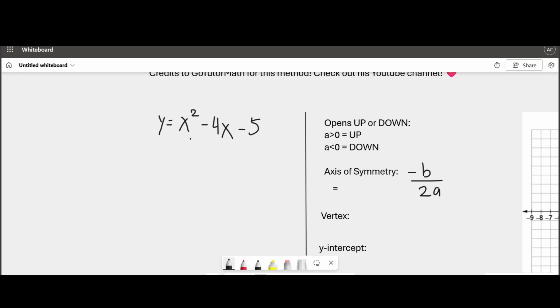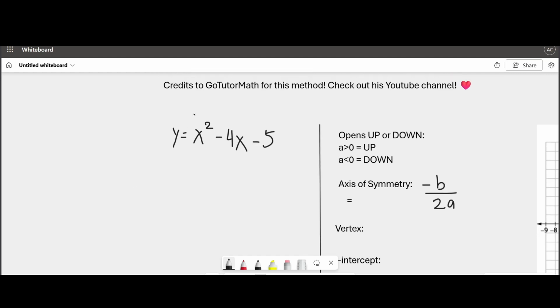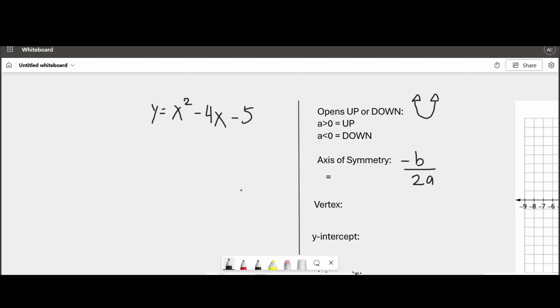As you already know, in algebra, whenever there is an x, there is an invisible 1 beside it. So is 1 greater than 0 or less than 0? It's greater than 0, meaning the parabola we're going to draw later will be like this. It opens up like a smile.